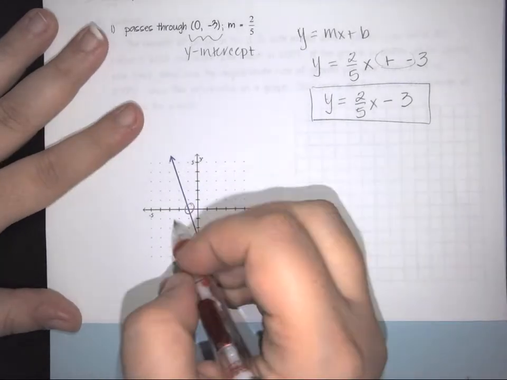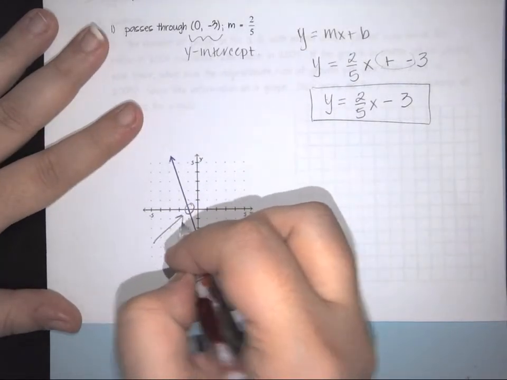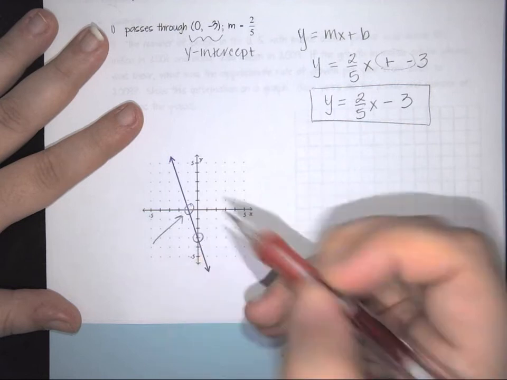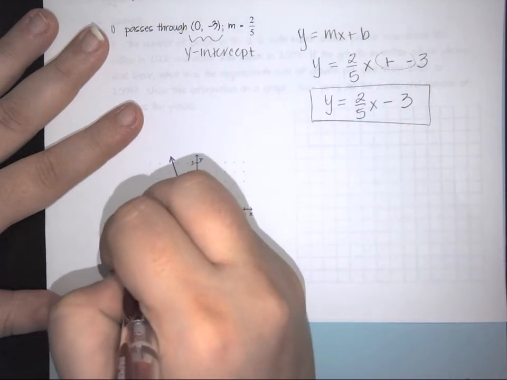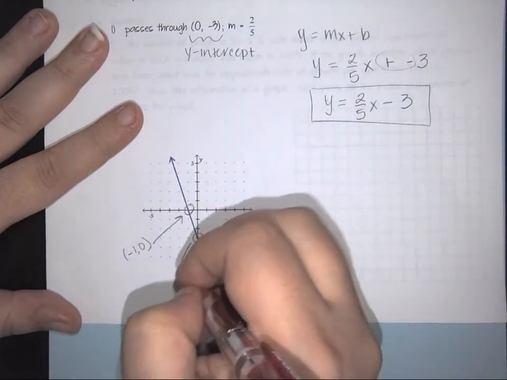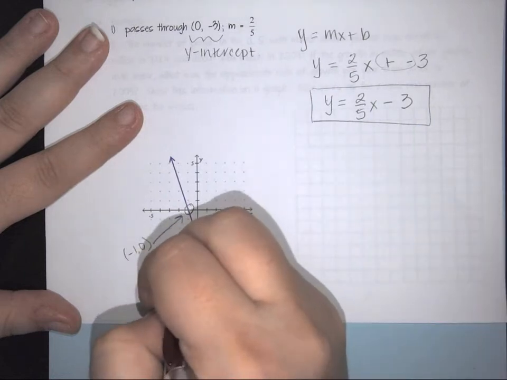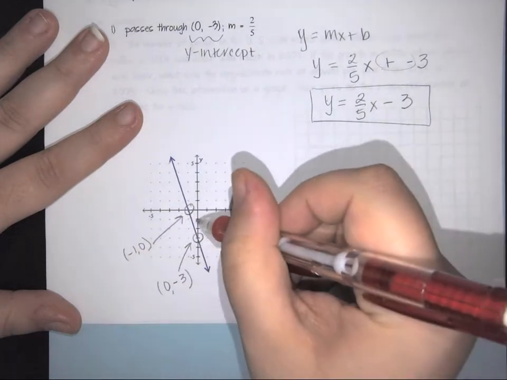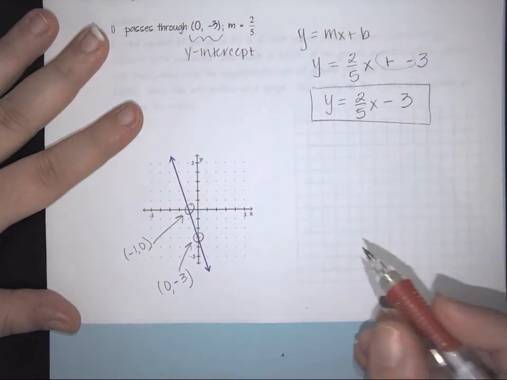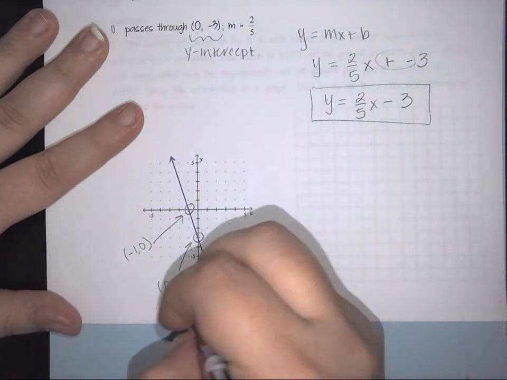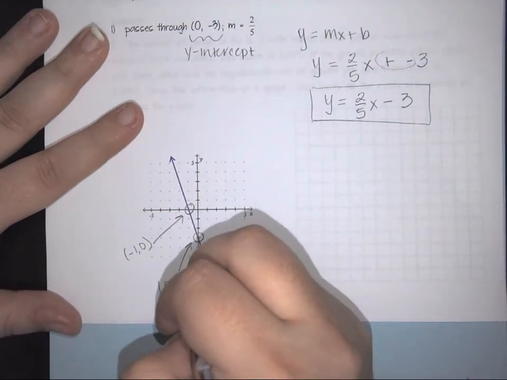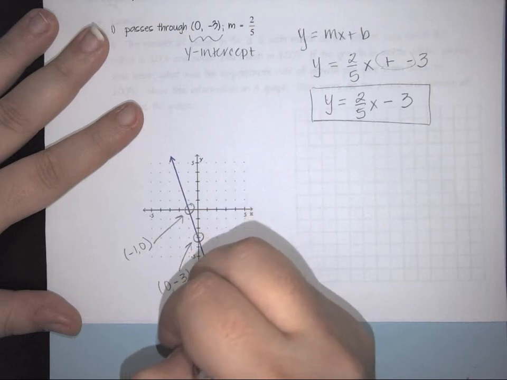So here, when we're looking, this first point here is at the point -1, 0. And the second point here is at the point 0, -3. So 1, 2, 3. Now, the other thing to notice about this point is that this value right here is your b value.